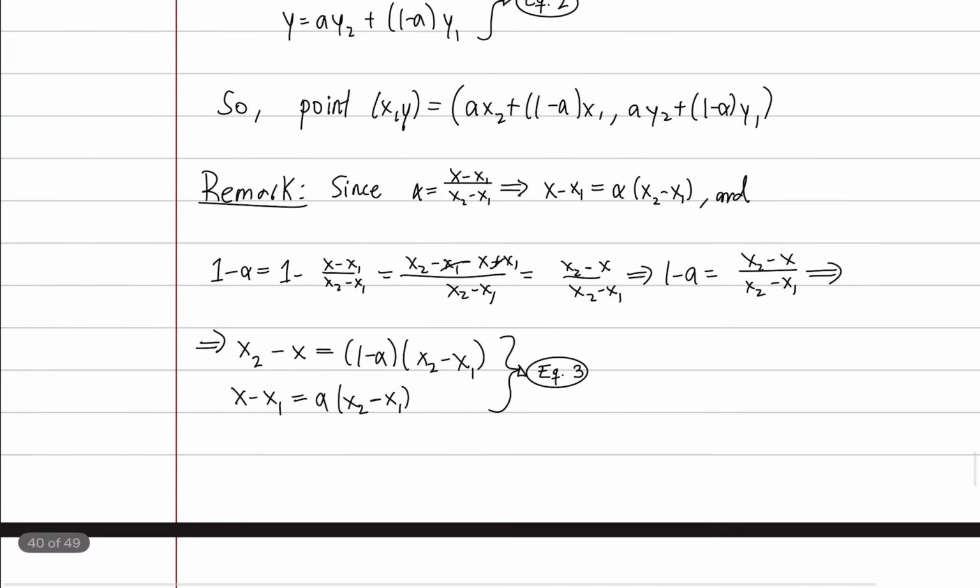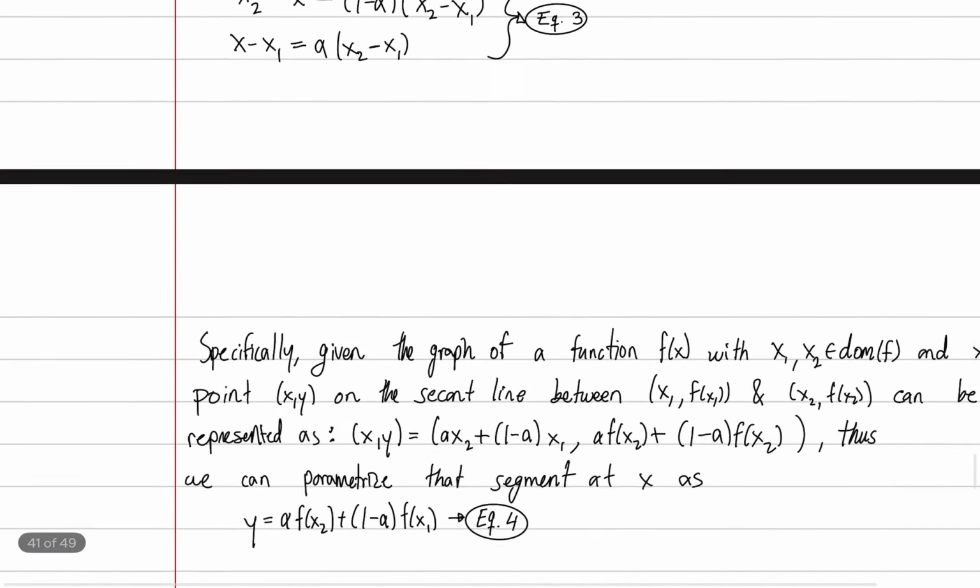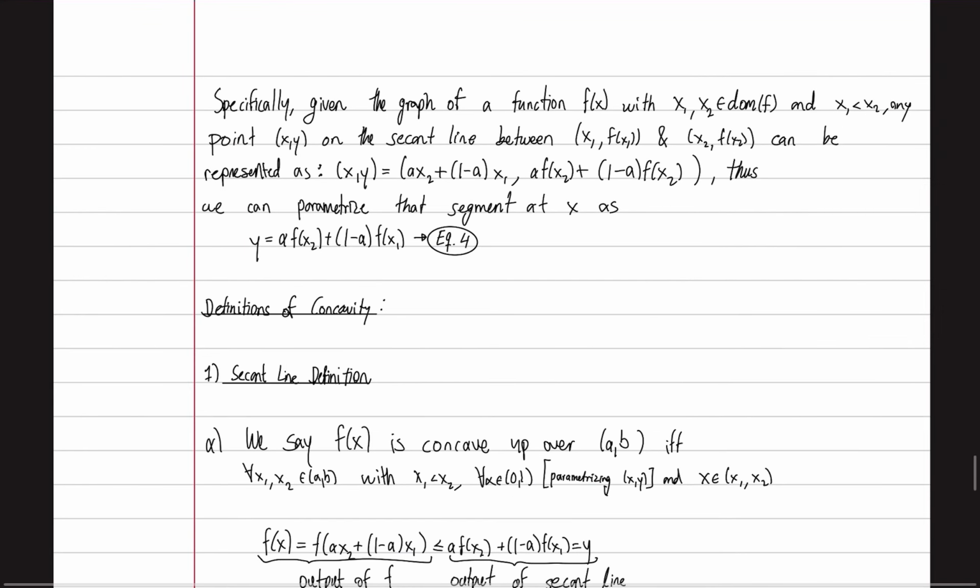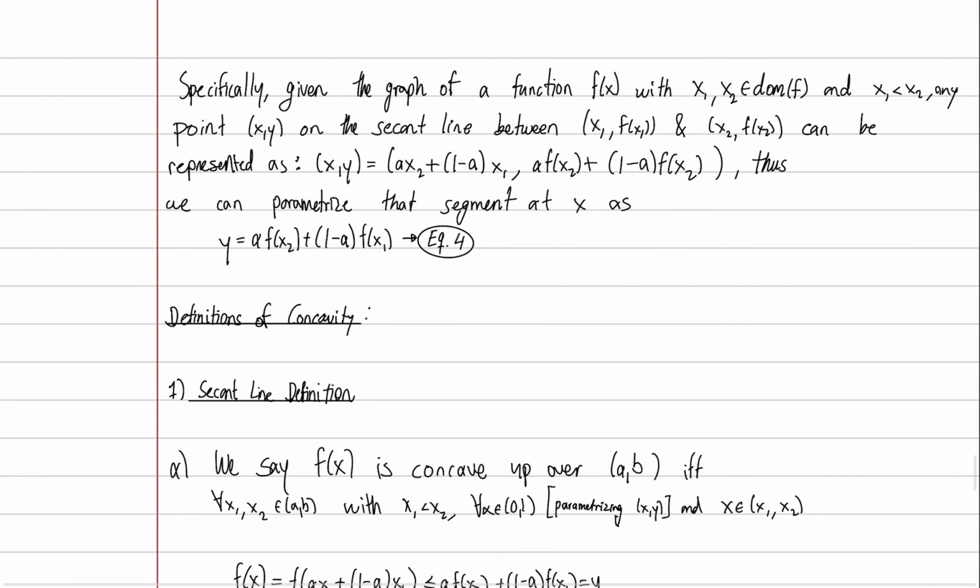So now that we have those two, we can say the following. Specifically, given the graph of a function f with x1 and x2 in the domain and x1 less than x2, any point x comma y on the secant line between the points can be represented as alpha x2 plus 1 minus alpha x1, comma alpha f of x2, which is y2, plus 1 minus alpha f of x1.